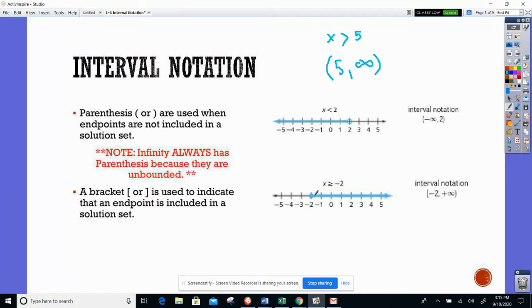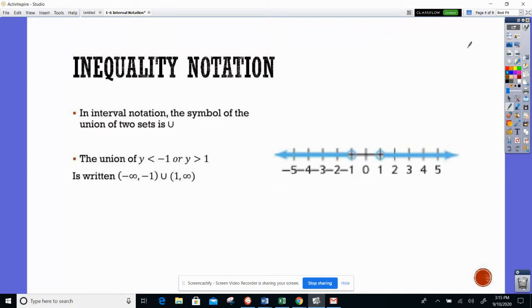There will be some cases where you have a compound inequality, meaning two inequalities on the same number line. When that is the case, you'll use the symbol for union, okay, which is a U. So in this example, they use y. Y is less than negative 1, or y is greater than positive 1.